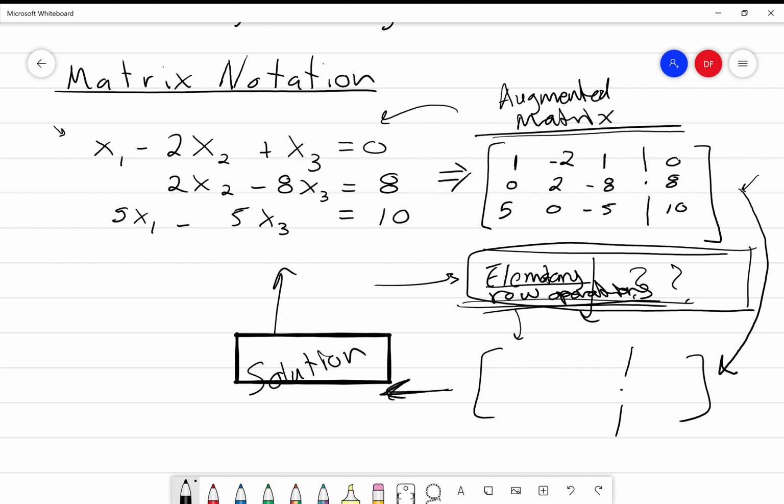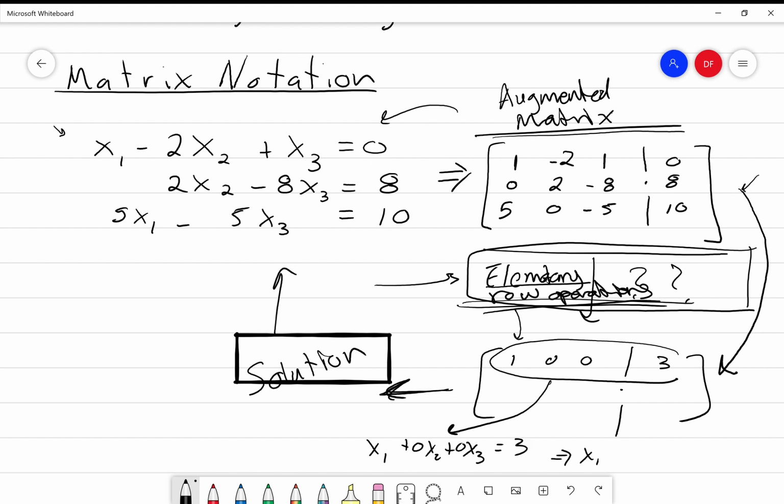For example, if I had 1, 0, 0 here, and I had 3 here, then this would tell me that x1 plus 0x2 plus 0x3 equals 3. So this would tell me that x1 equals 3.